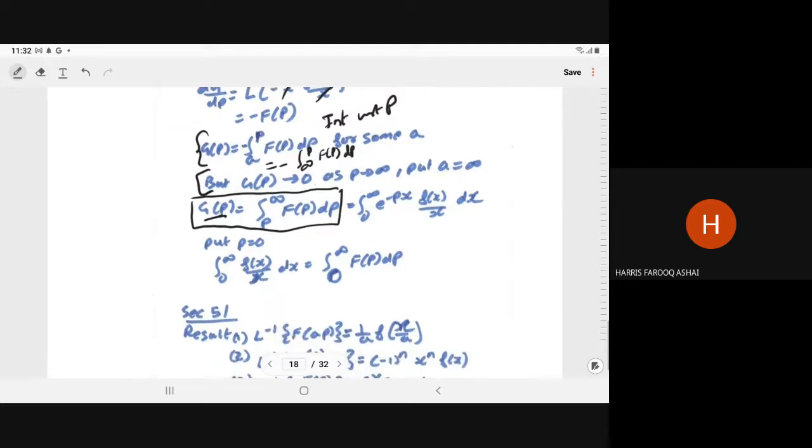So when we put p equal to 0, this will give you the integral from 0 to infinity of f(x) upon x dx, and it is equal to the integral of f(p) dp from 0 to infinity. So this formula in general we use to find the integral of a complex function.